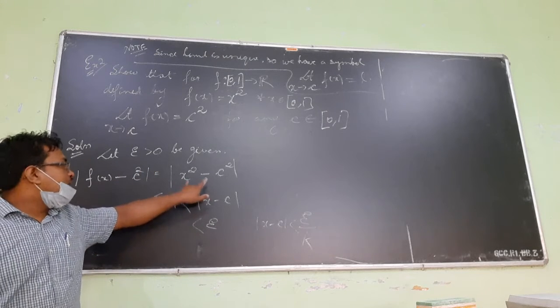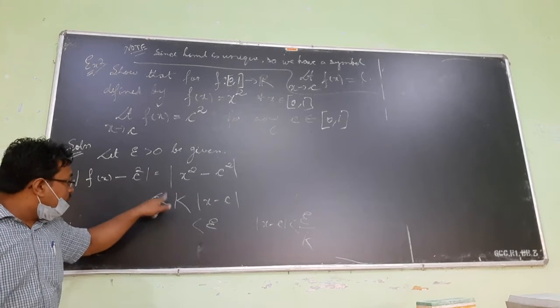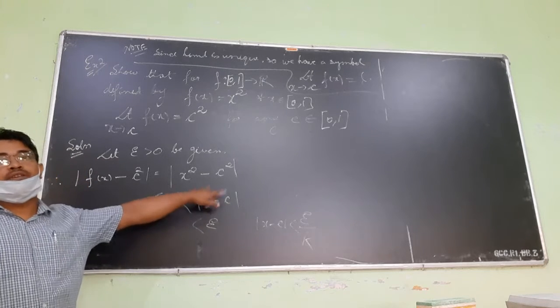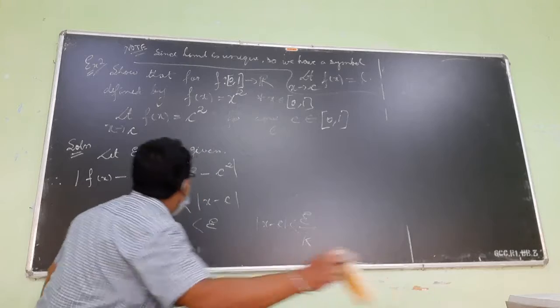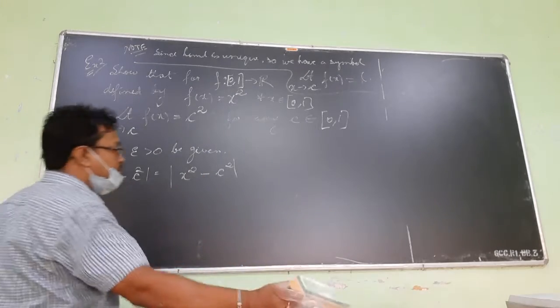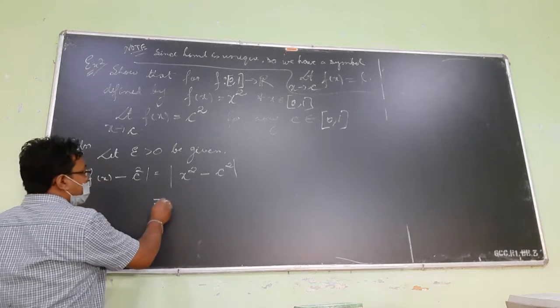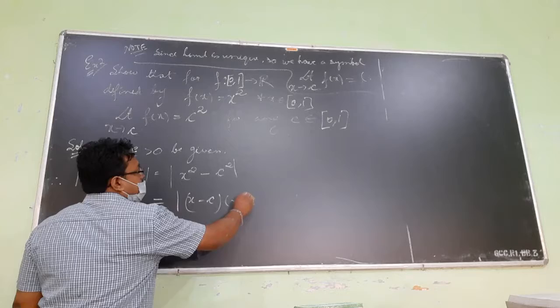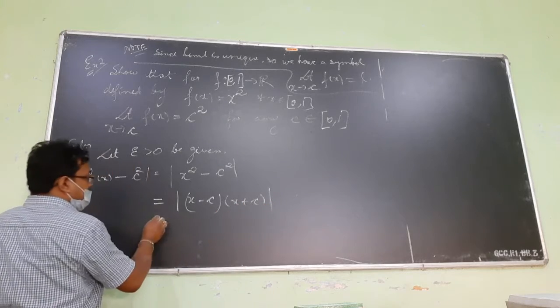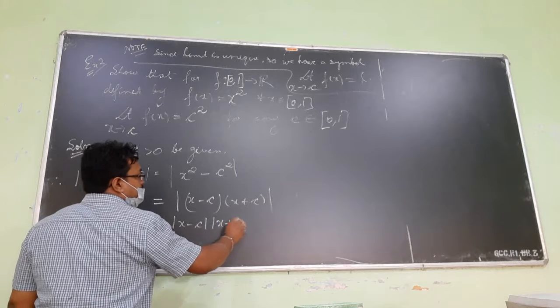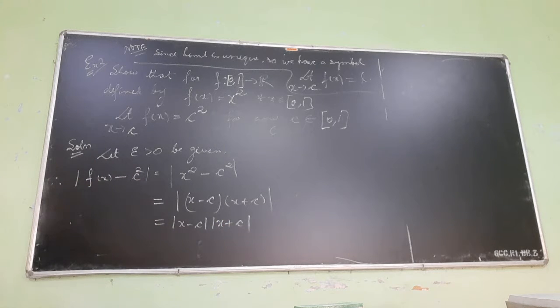So our intention should be this. Whatever be the function, I should look to convert it to the form k into mod of x minus c. Every time it may not be possible, but here it will be possible. So what can I do? I can write it as (x minus c) into (x plus c). Then this is equal to mod of x minus c multiplied with mod of x plus c. Can I write this as less than something?